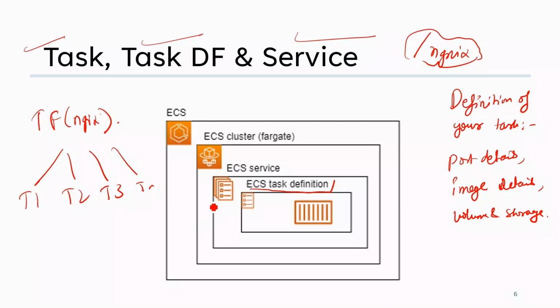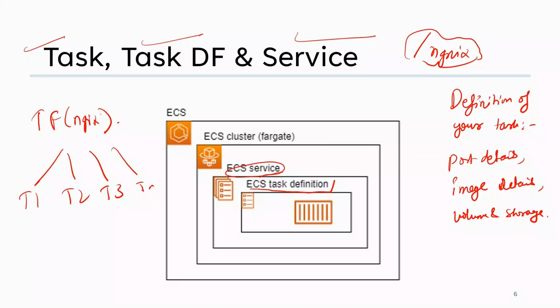Now what is an ECS service? Whenever you are creating a task, it is going to run containers, right? Your Docker images. And most of the time, like 90% of the time, your task needs to run continuously, right? So you started the task and it is, for example, a web server, like a REST API, and obviously your clients are going to be communicating with your REST API, right?